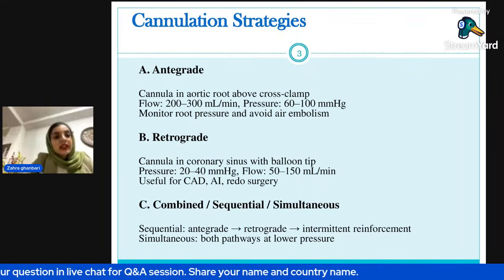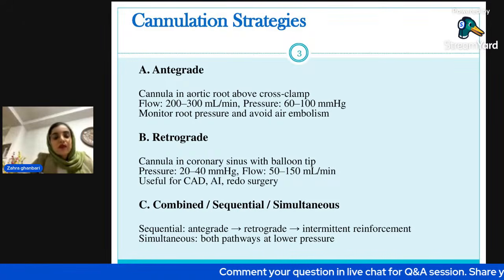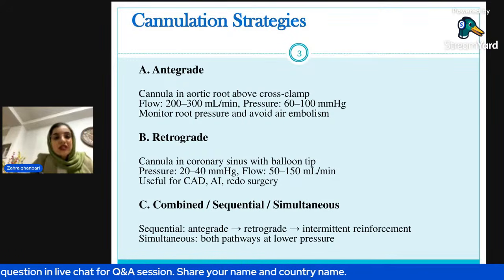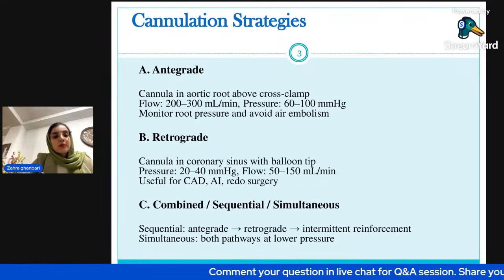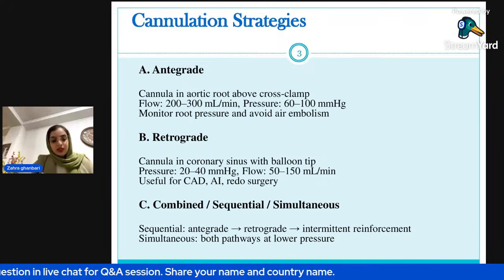The other method is retrograde. We inject cardioplegia via the coronary sinus, flowing backward through the venous system into the coronary arteries. The normal pressure in this method is 20 or 30 to 40 mmHg, and the flow is 50 to 150 milliliters per minute. It is useful for patients with coronary artery disease, aortic insufficiency, and redo surgery.